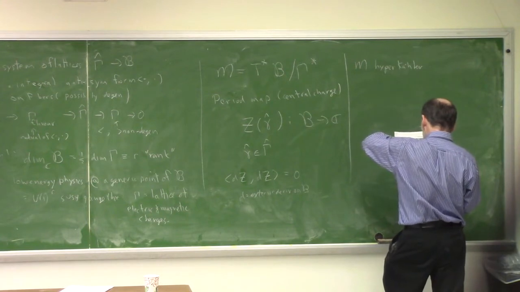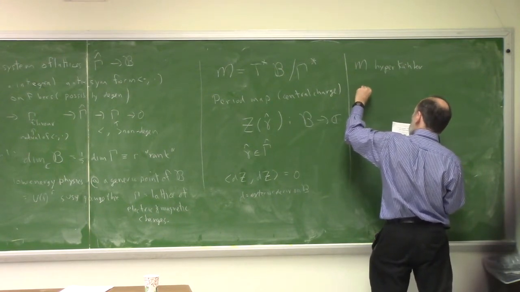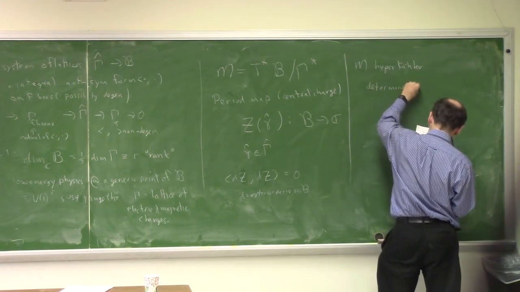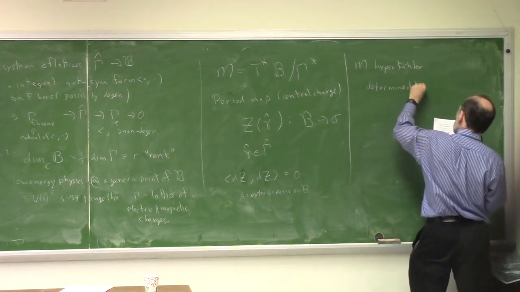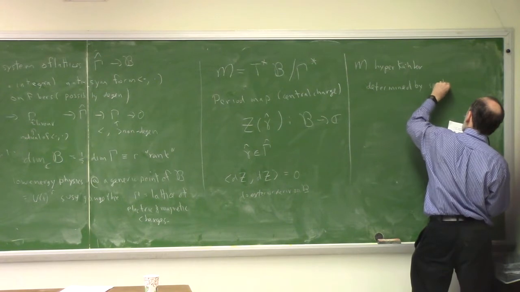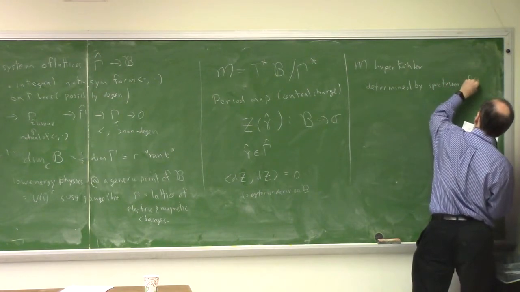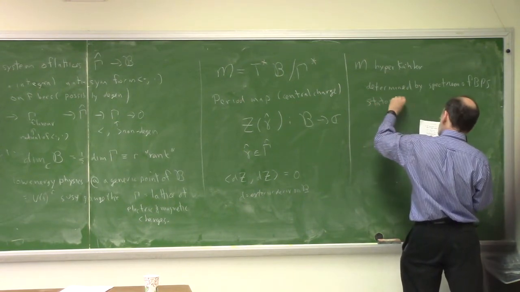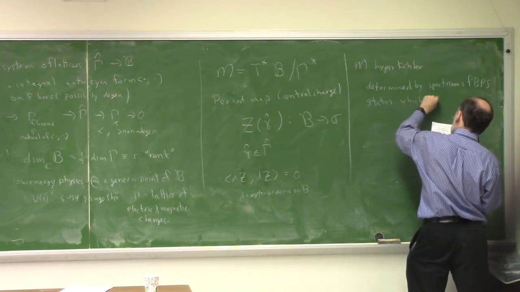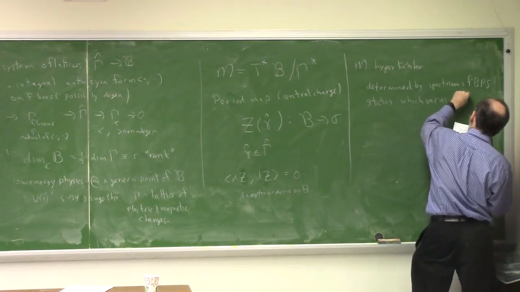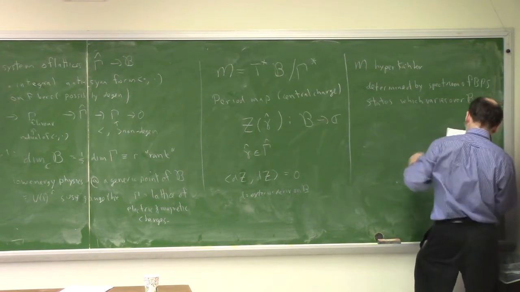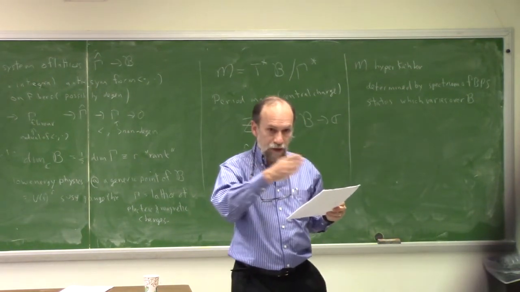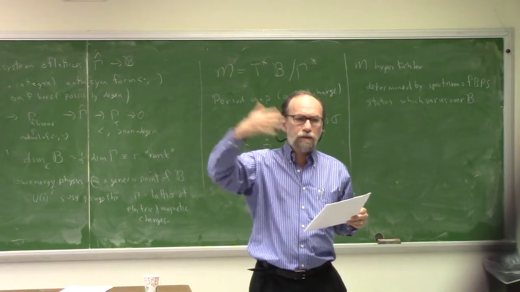And the hypercalar metric is determined by the spectrum of BPS states, which varies over D, has all kinds of discontinuous jumps, but the resulting hypercalar metric is smooth.